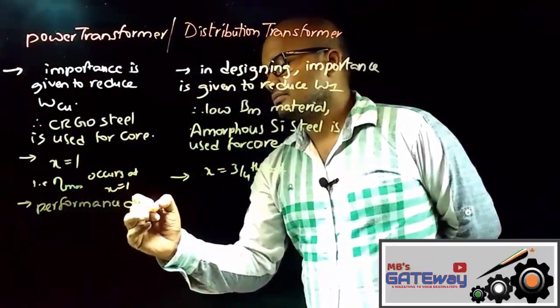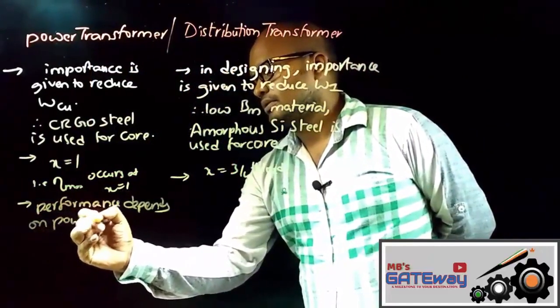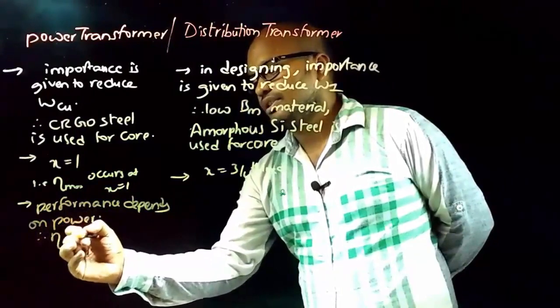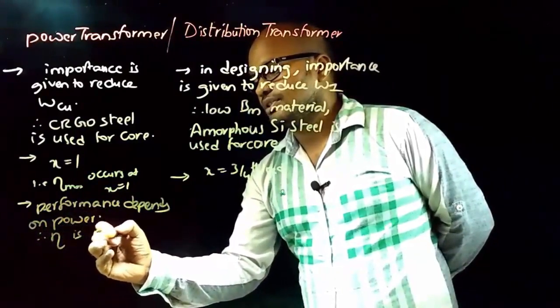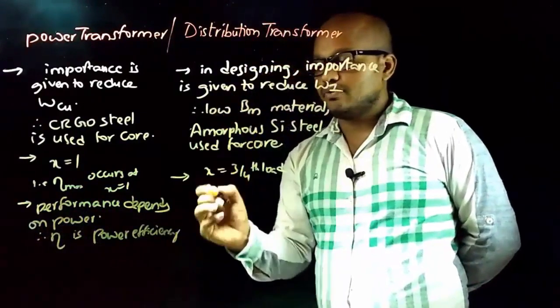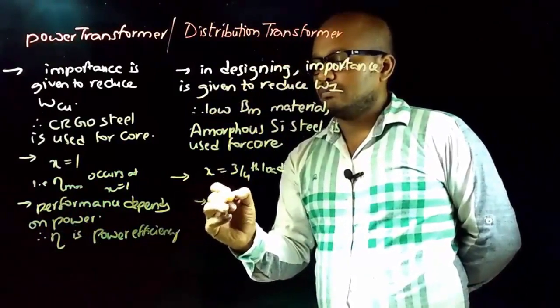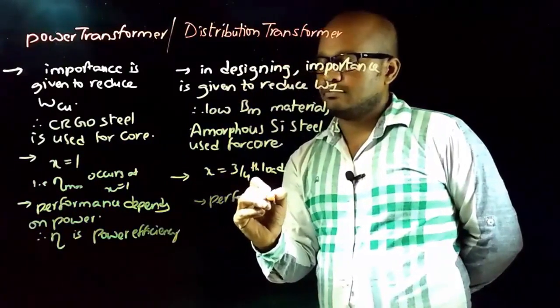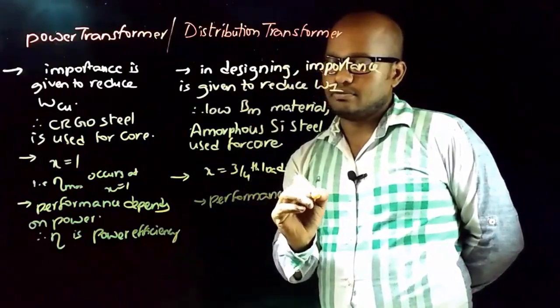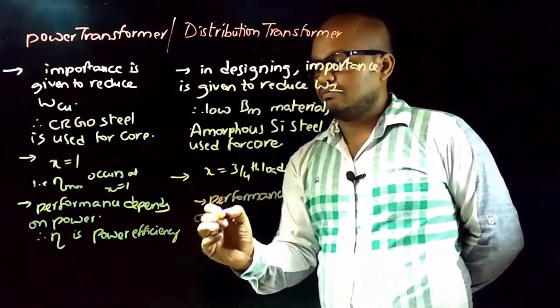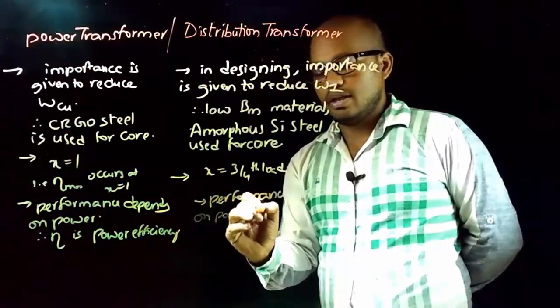Performance of power transformer depends on power. Therefore, the efficiency here is power efficiency. Whereas in case of distribution transformer, performance depends on power and time.